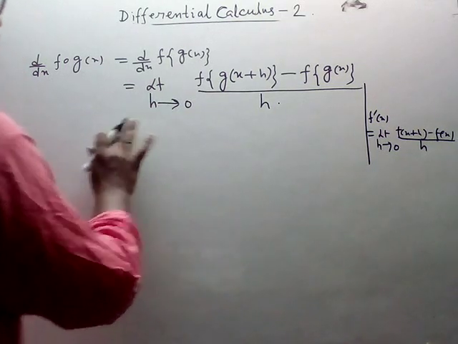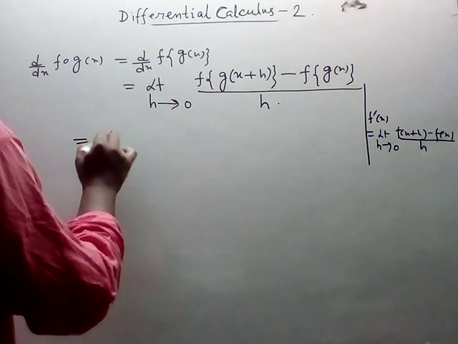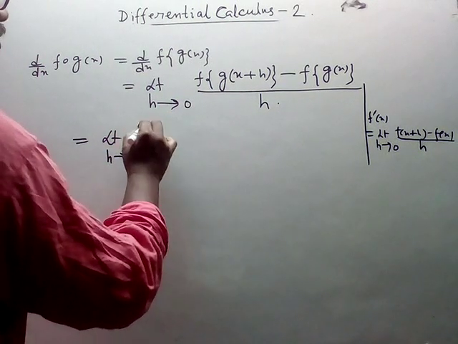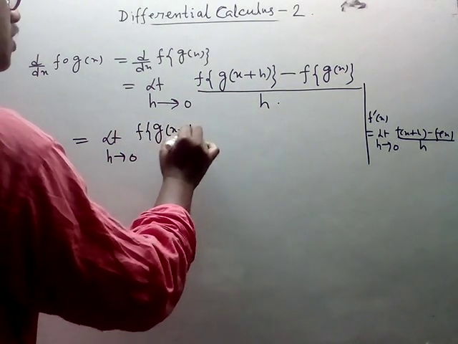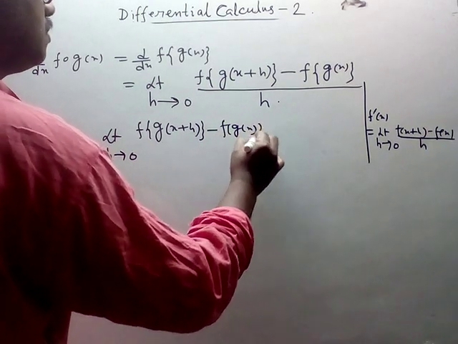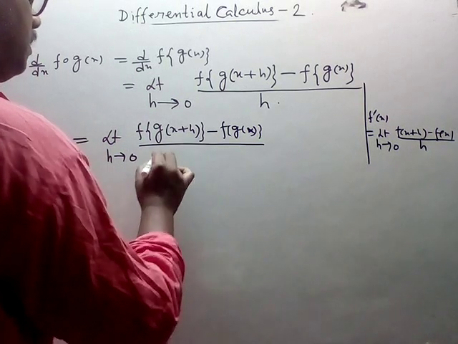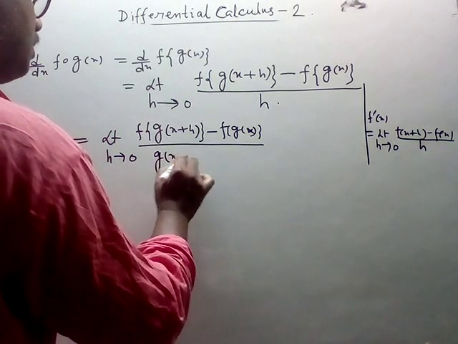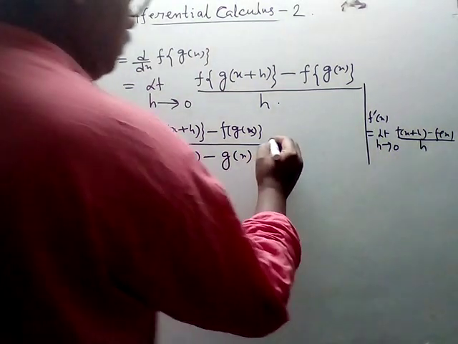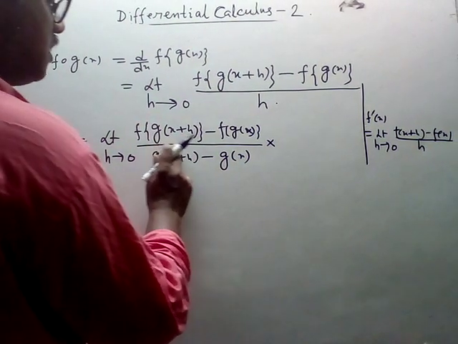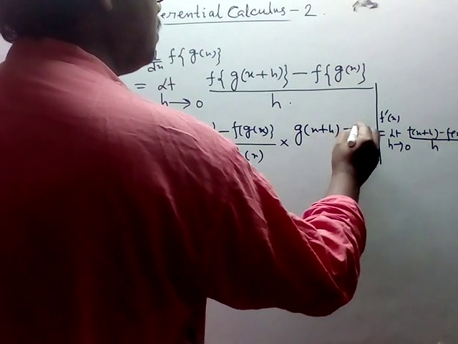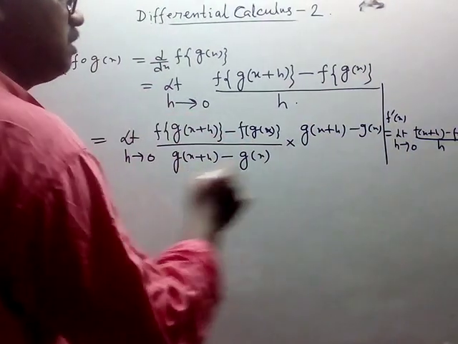We can write this as limit h tends to 0 of f of g(x plus h) minus f of g(x), divided by g(x plus h) minus g(x), into, we take here an extra g(x plus h) minus g(x), such that this will cancel.